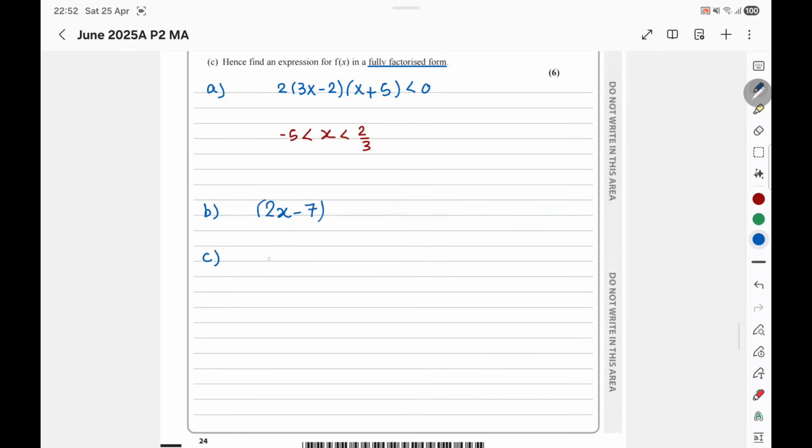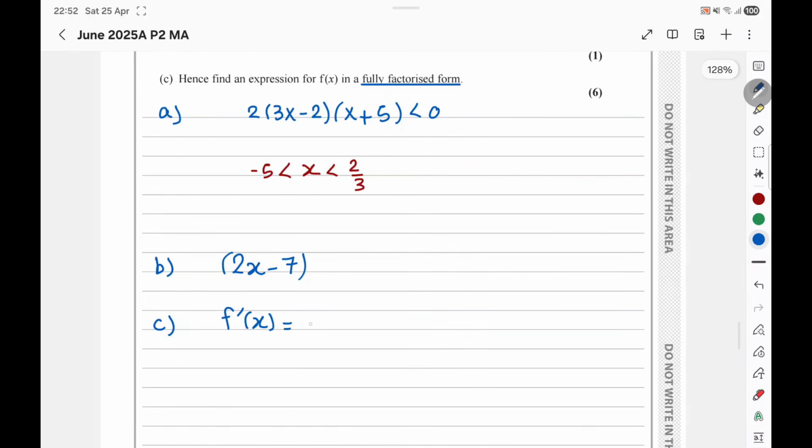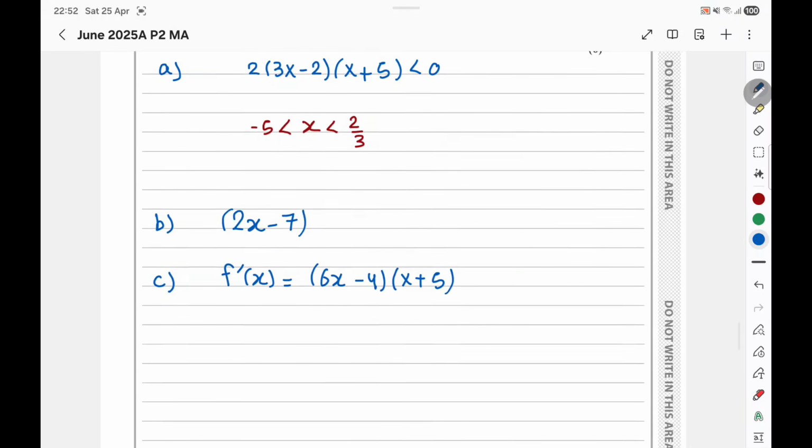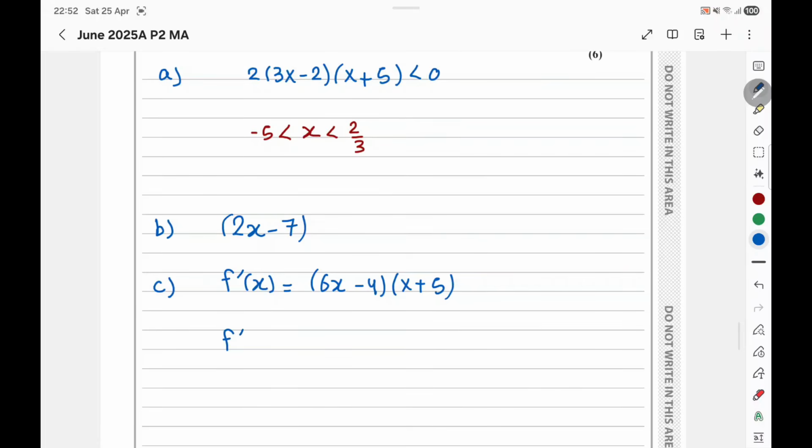So f dash of x is 2 times 3x, 6x, 2 times negative 2, negative 4, times x plus 5. Expand further: 6x times x is 6x squared, 6x times 5 is 30x, negative 4 times x is negative 4x, negative 4 times 5 is negative 20.